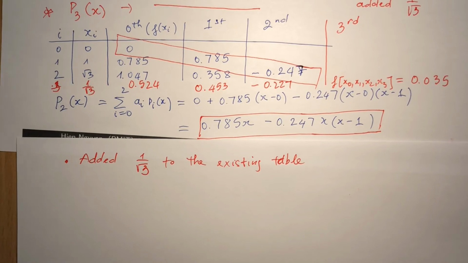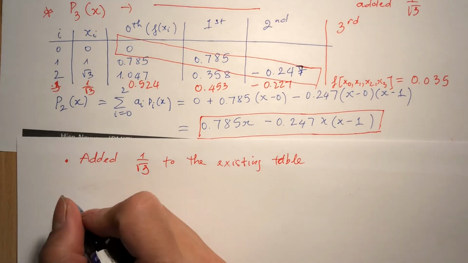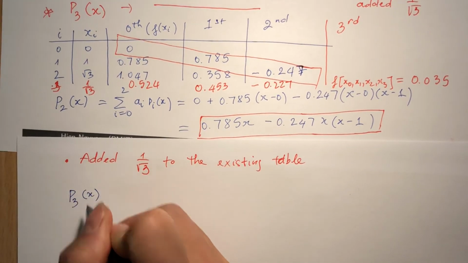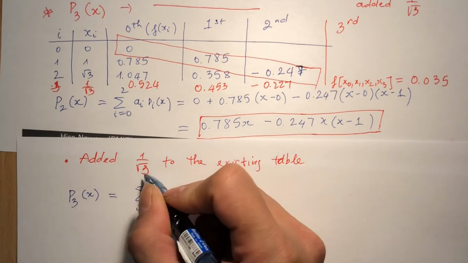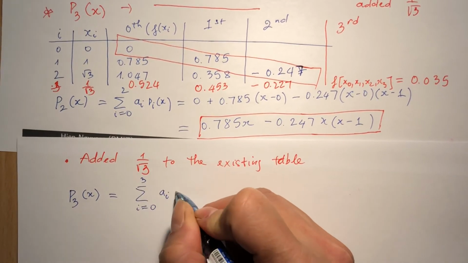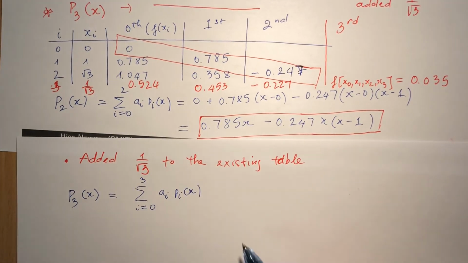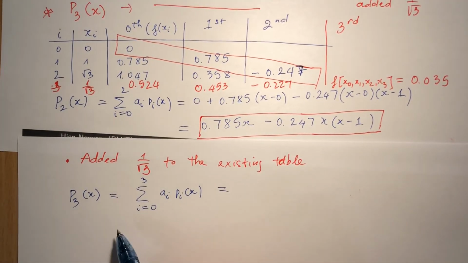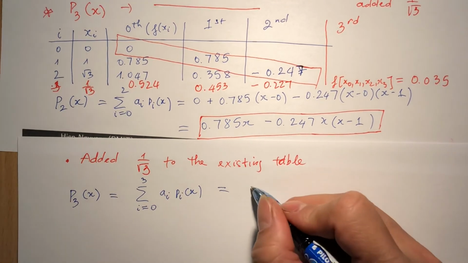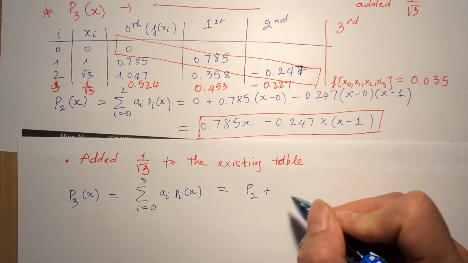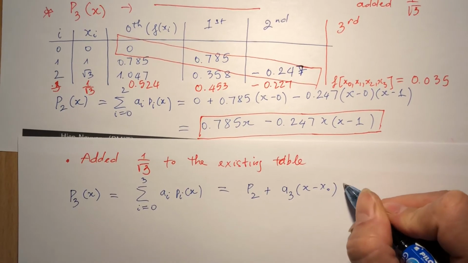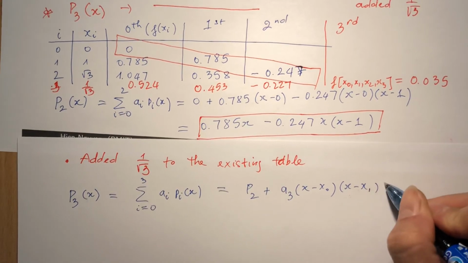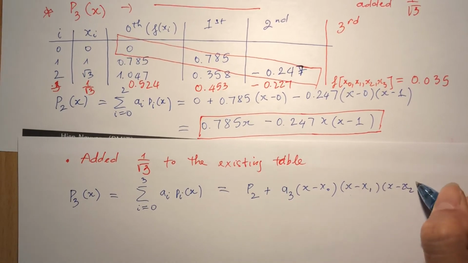Right? So what is P3(x)? It is the summation of i equals 0 to 3 of a_i p_i(x). But we already know P2. So this one equals P2 plus a3 times (x minus x0)(x minus x1)(x minus x2).